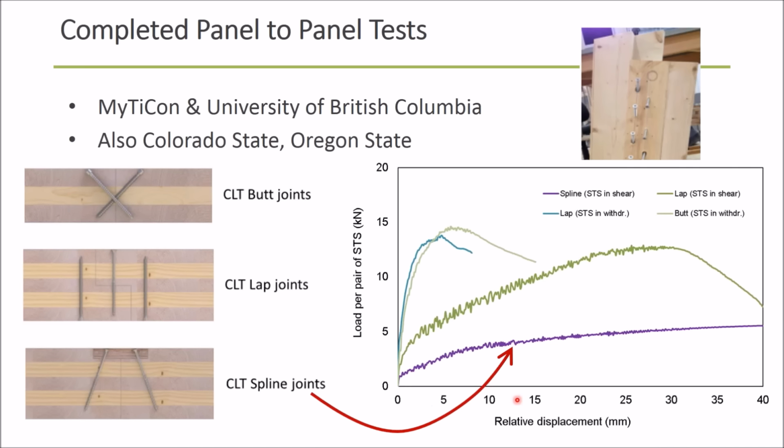This is the displacement to the right and the load going up, so it's our force displacement curve in metric units, because they're up in British Columbia. But you can imagine the behavior of that connection with those screws in dowel bearing is not very stiff, but once it starts to engage and get some wood crushing, it has a very long tail, if you will, on the displacement and how much deformation capacity there is, or how ductile that connection is.